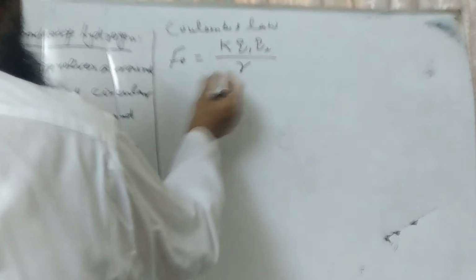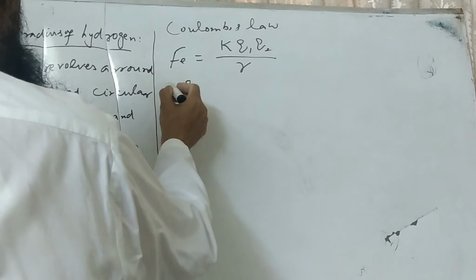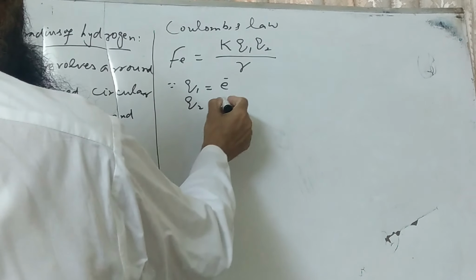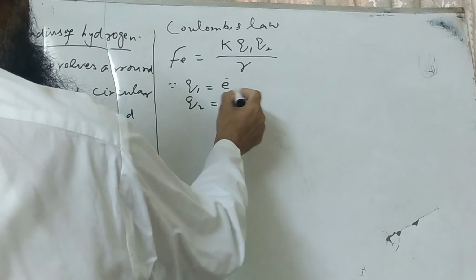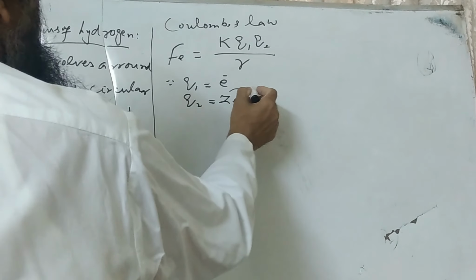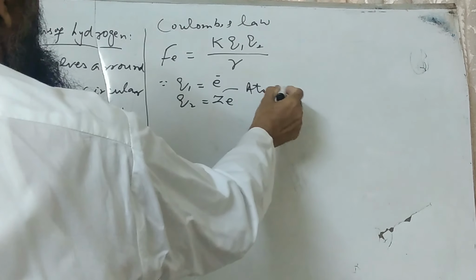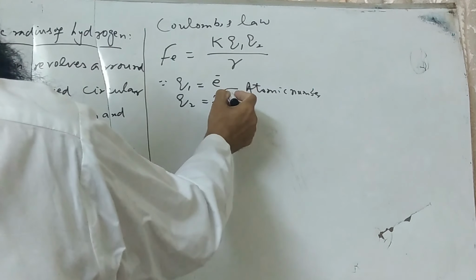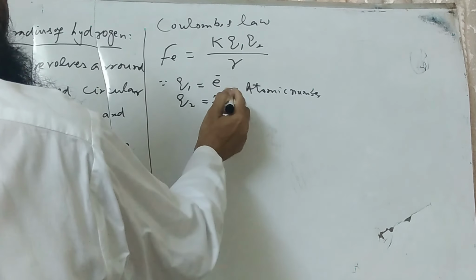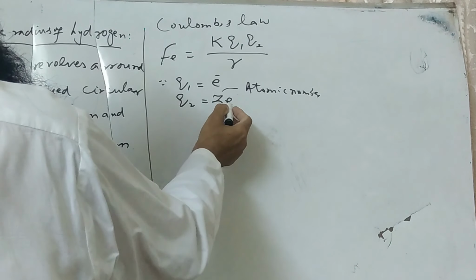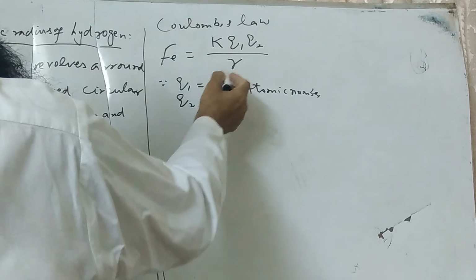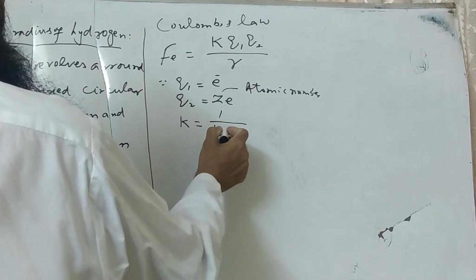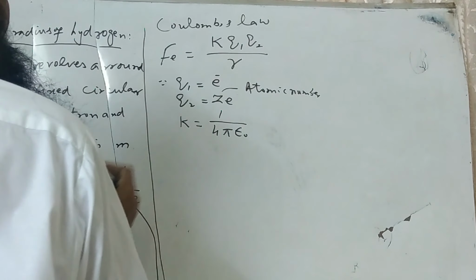Here q1 is equal to e and q2 is equal to Ze, where Z is called the atomic number. The charge on the electron is negative and the charge on the proton is positive, so we must put that here.